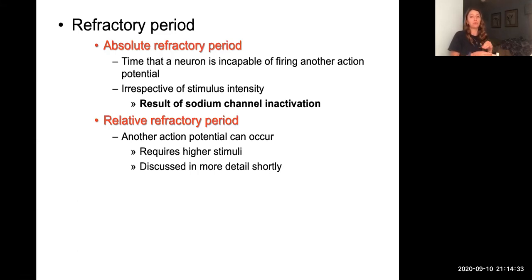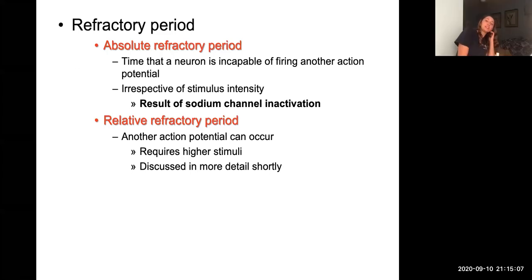Like I said before, when it gets back to negative 70 millivolts, the sodium channels will be closed but active. Then the neurotransmitter can bind a receptor and open, basically reach threshold again, and the sodium channels can open, and it happens very fast. But when it's not back to negative 70 millivolts, it cannot fire another action potential.